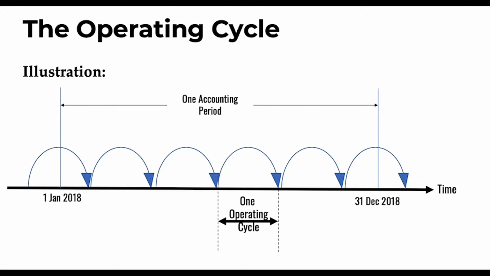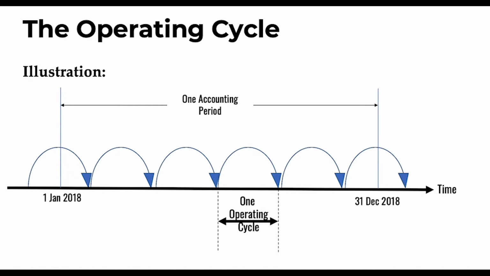So this sets your accounting period, and within this accounting period, you'll have a number of operating cycles, like we can see, and they will not always, or they will not generally start at the same time as the financial year and end at the same time.